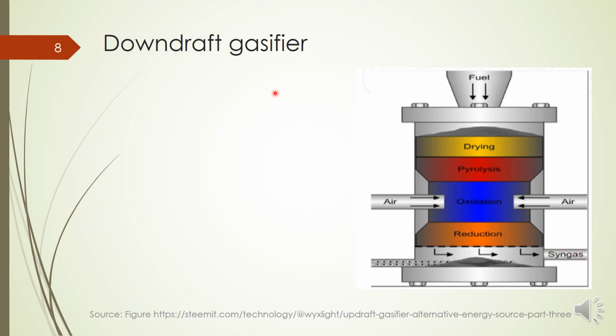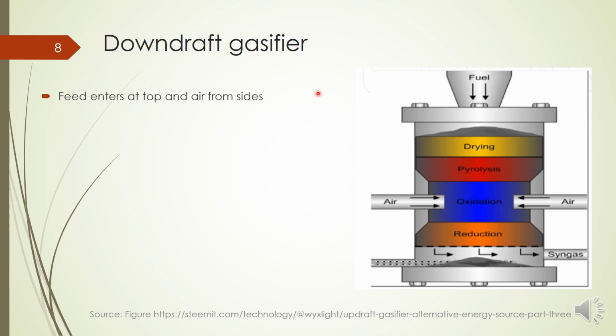So in the downdraft gasifier, the feed enters the top, but air will be entering from the sides. And what about the flow direction? Here the solids are moving downward and the gas is also moving downward. So here you can see the air and syngas are moving downward, and the biomass and the ash etc. are also moving downward.